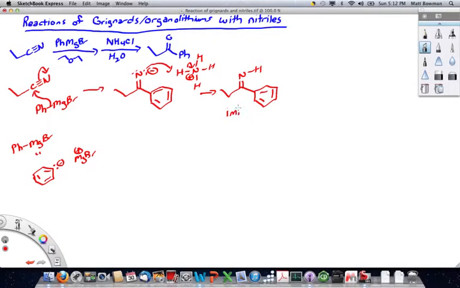And imines, in the presence of acid and water, go right to ketones. The mechanism of this is you protonate the nitrogen of the imine, and you can use your acid source like ammonium chloride.